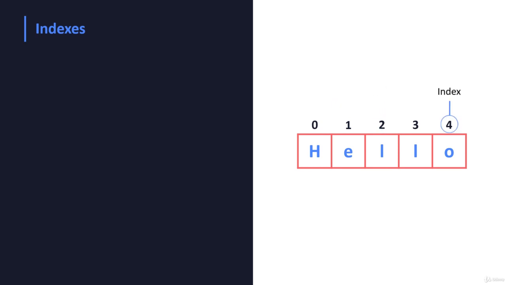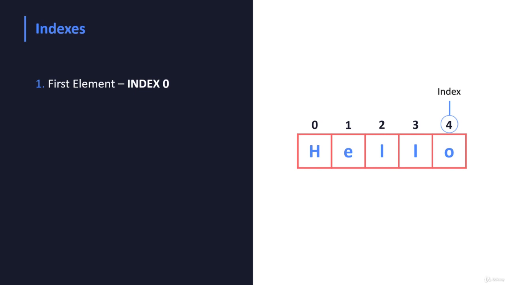So if you have an array with 5 elements total, then the last index will be, think about it for a second, or just take a look at the screen right now, and you are right, the index of the last element, the 5th element in this array, will be 4, okay?